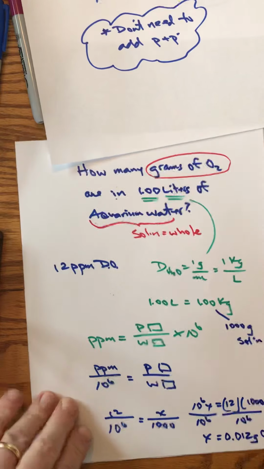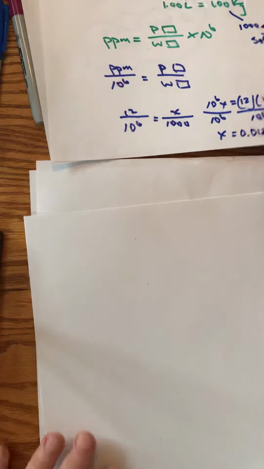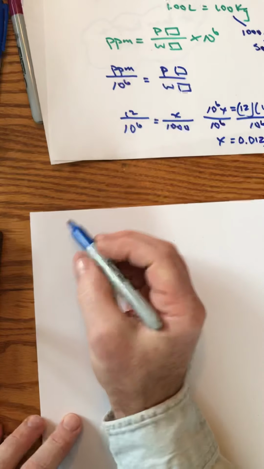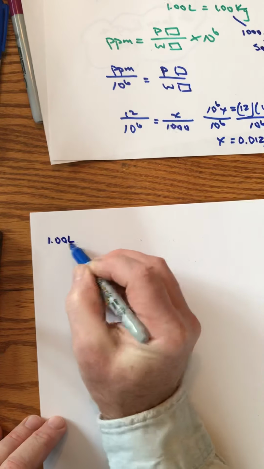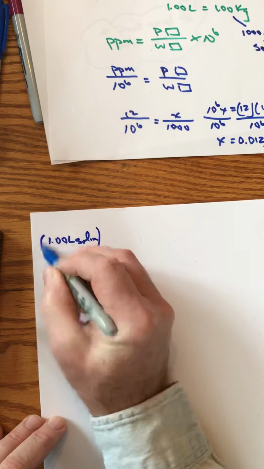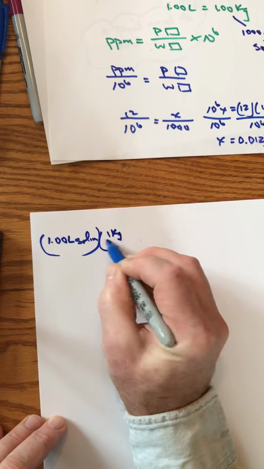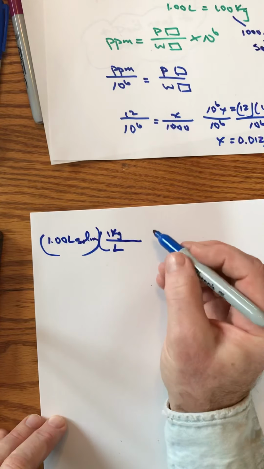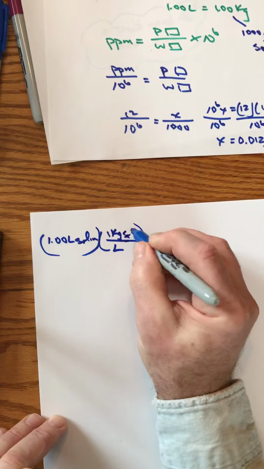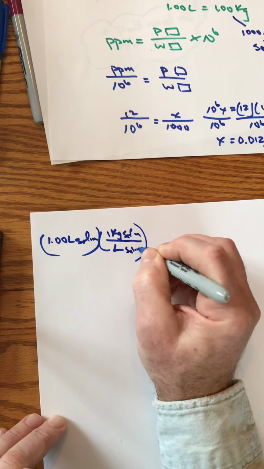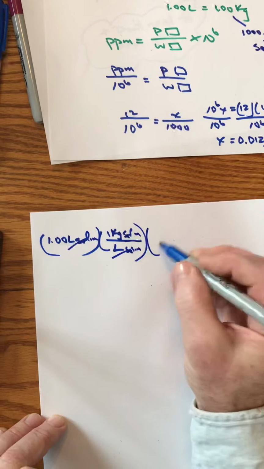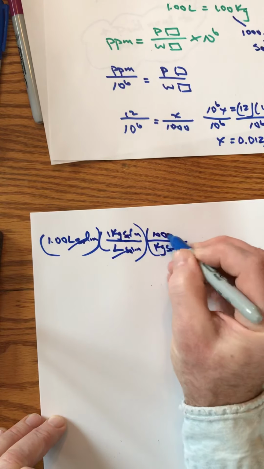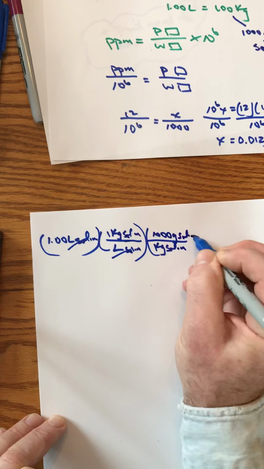So let's try that dimensionally. You've got 1 liter of solution. Density is 1. It's a very low concentration of oxygen, so it's not changing the density of water. So we'll just label these both solution. A kilogram of solution is 1,000 grams of solution.